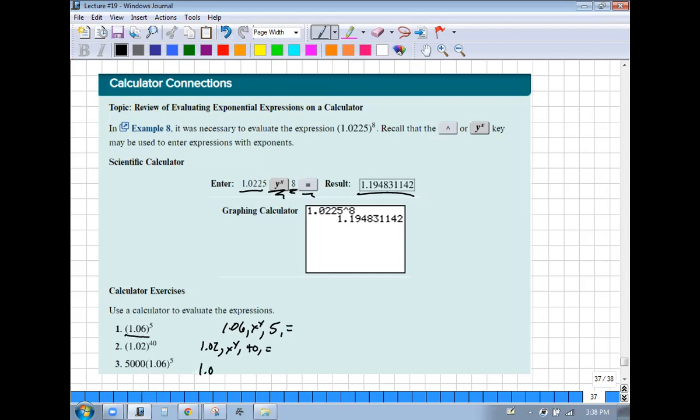Type in 1.06, hit the X to the Y button, then hit the 5, then hit equals. And what you're going to have on your screen is this. Then hit the times button and hit 5,000 and then hit equals. So for these, it's easier. You're basically working your way from the inside out. You hit this to the power of 5 and then multiply by 5,000. Okay.